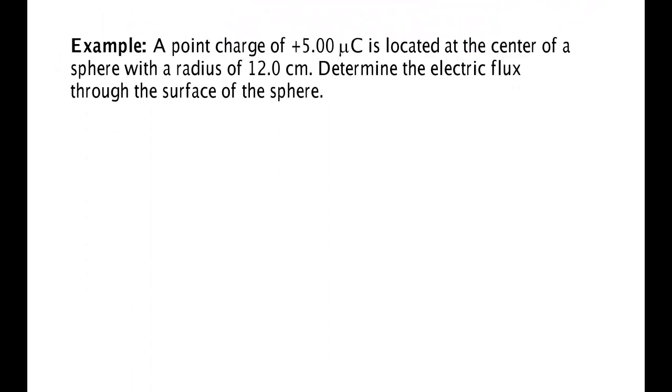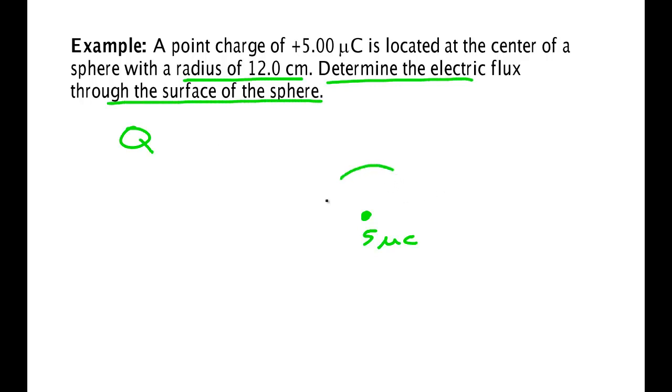Now what if you had a spherical charge right here, 5 microcoulombs, and they give you all this other stuff? I don't care about all that other stuff. It says through the surface area of a sphere. Well, the sphere's around it, so it's enclosed.